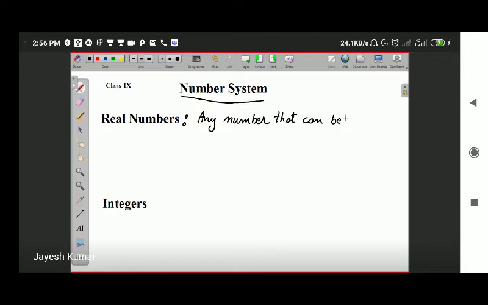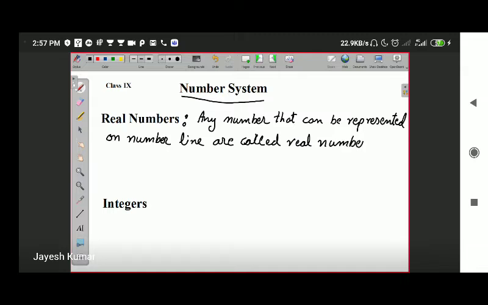Any number that can be represented on number line are called real numbers.